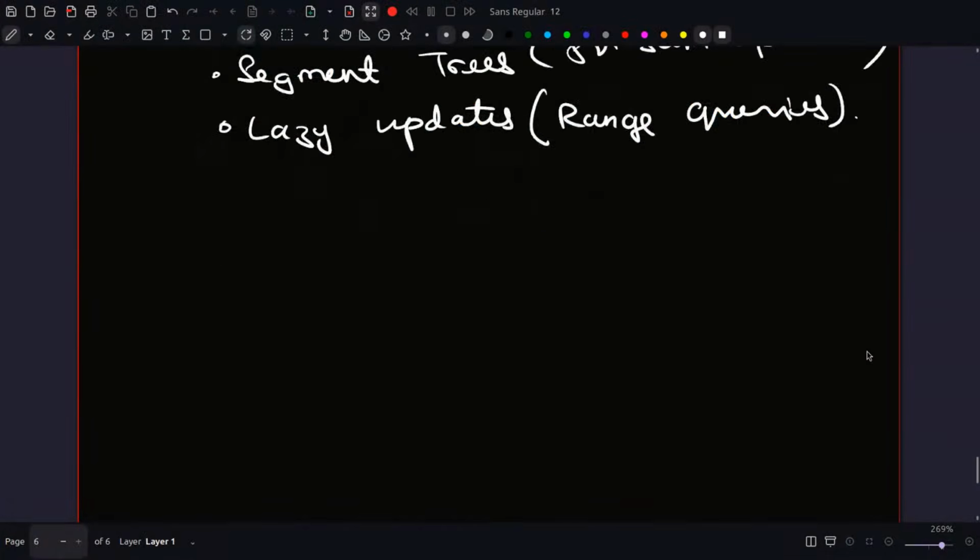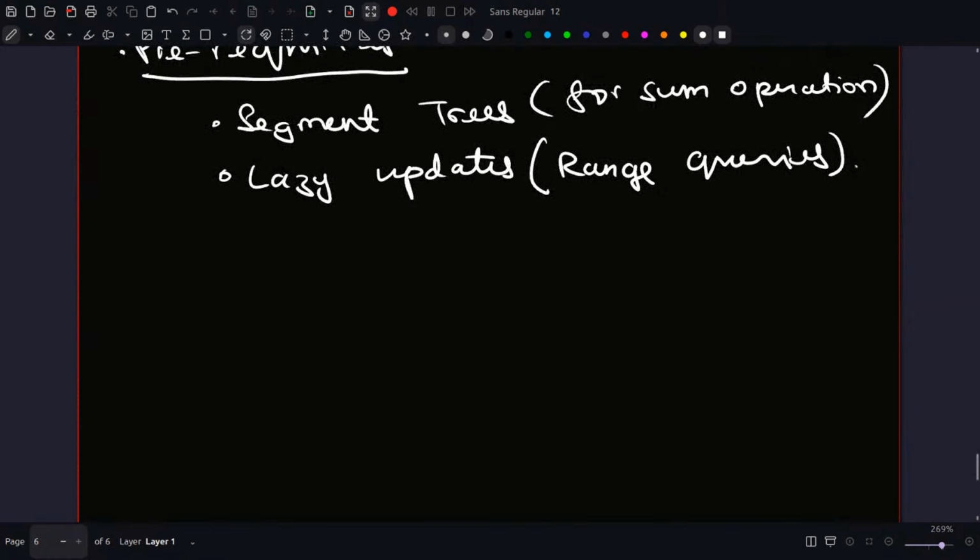Okay, just a brief overview of what a segment tree does. Basically, given a range, just believe me that if you have a segment tree data structure, one thing you can do is find the sum of all elements in the range if you want. You can also add some value to each element in this range.